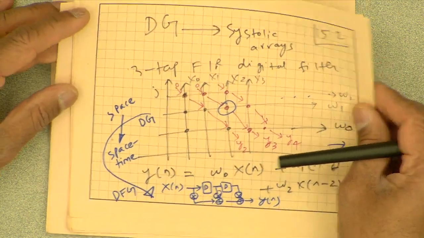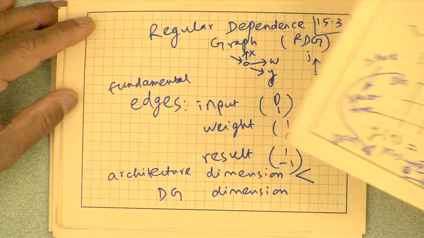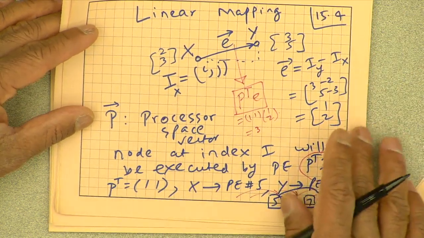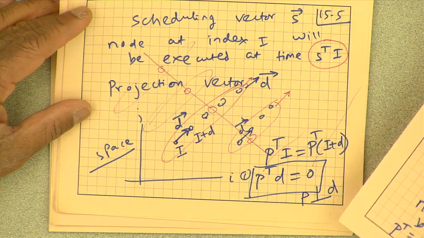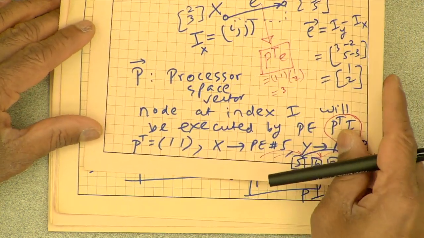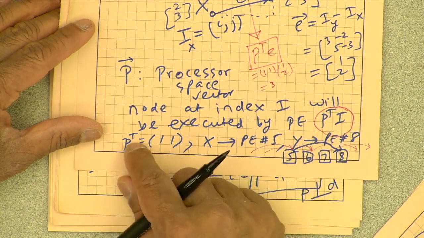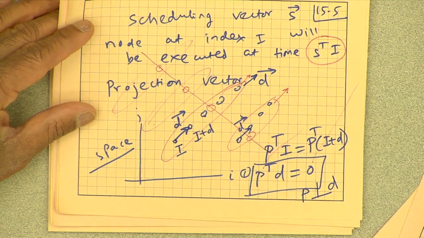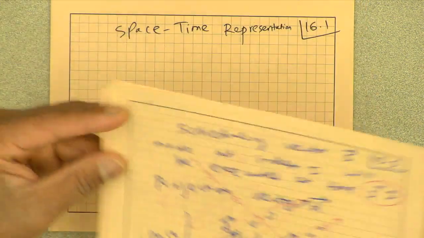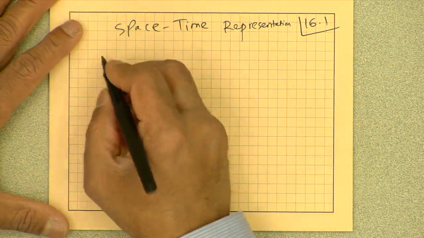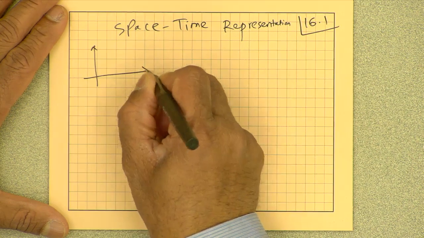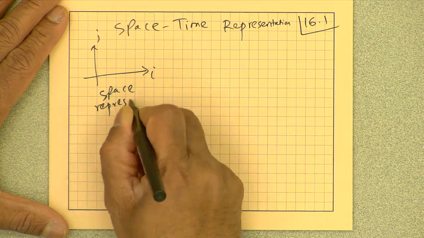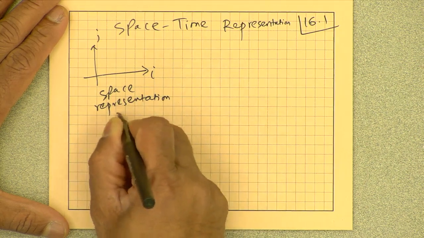And when we map that to a systolic array using the 2 vectors P transpose and S transpose, P is the processor space vector and S is the scheduling vector. So if I have a node at index I, then P transpose I will be the processing element number, and S transpose I will be the time at which that node will be executed. So let's say I have a space representation which is ij, simply a dependence graph.